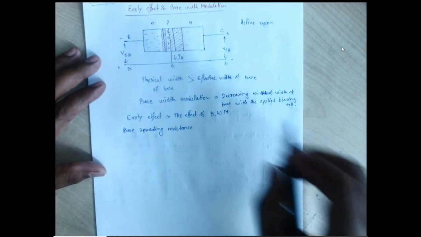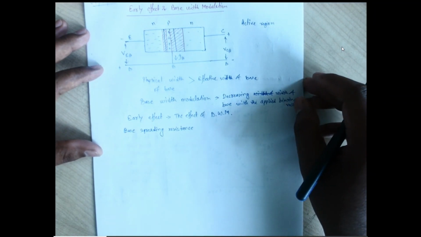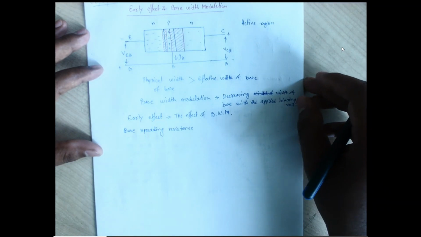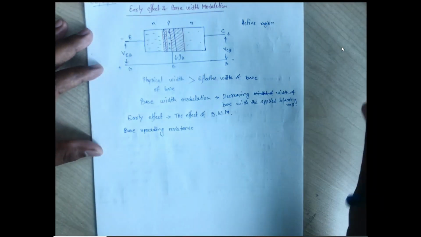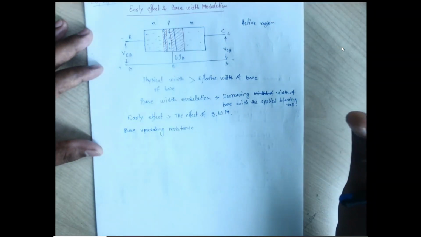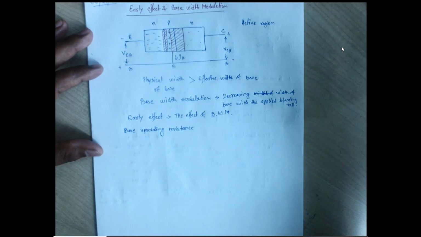With the application of a high VCB, that is reverse bias in the collector base junction, the base width decreases and the amount of recombination also decreases. So with that, IB decreases. IB decreases means a resistance is now introduced in the base region which is obstructing the IB. So that resistance is known as base spreading resistance.